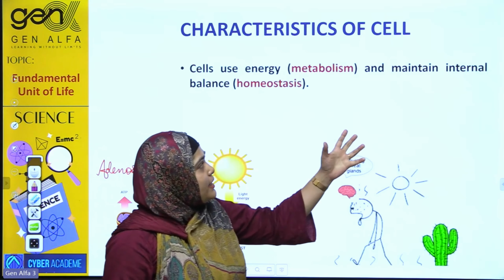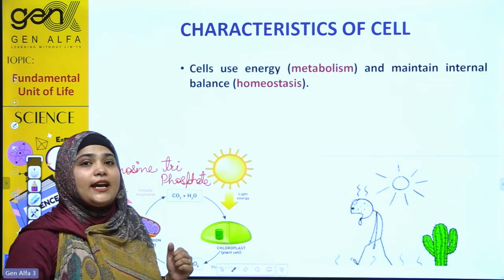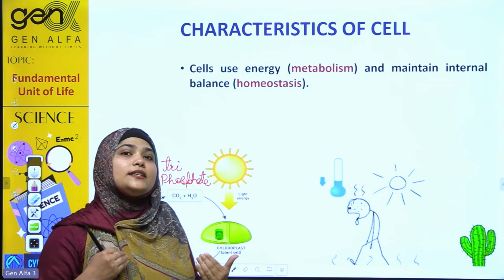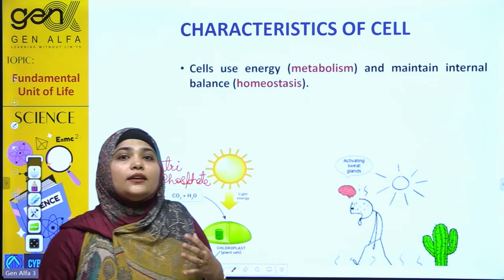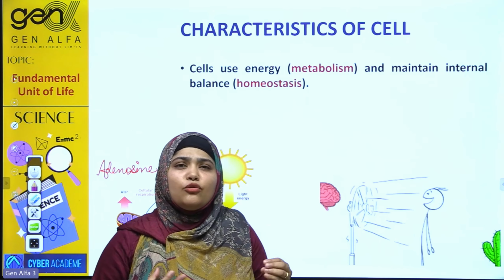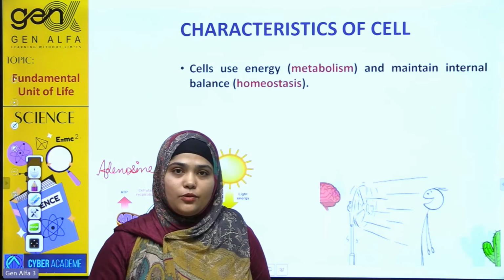Next, it maintains internal balance. Yes, cells have the ability that they can maintain their internal environment. Homeostasis is what? It is actually the internal environment. The cell is going to maintain its stable environment despite changes outside.